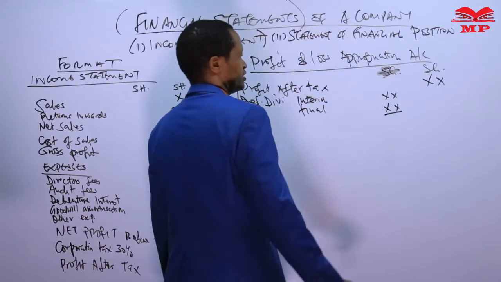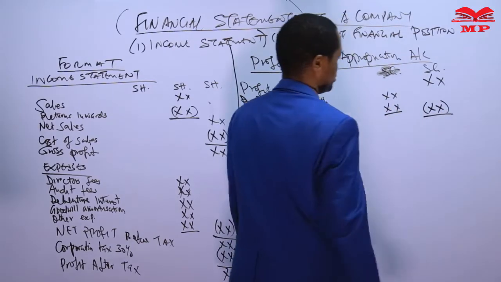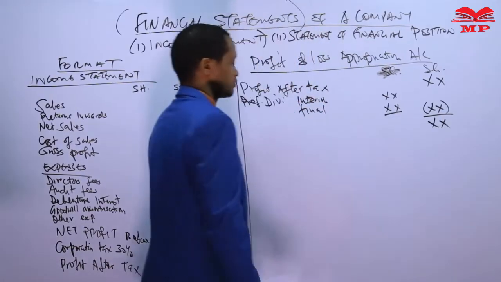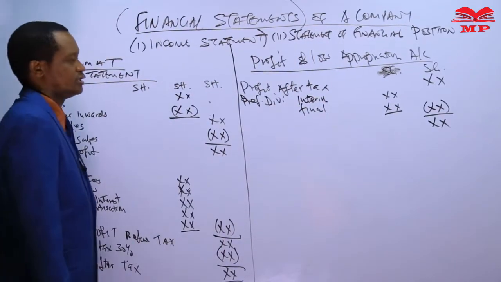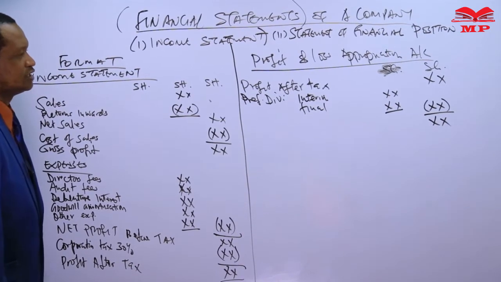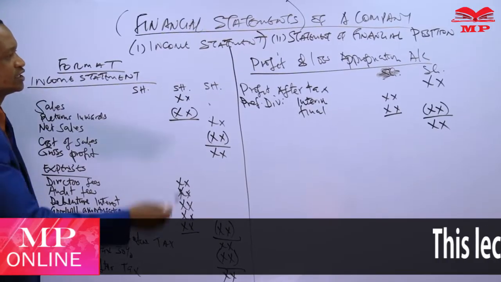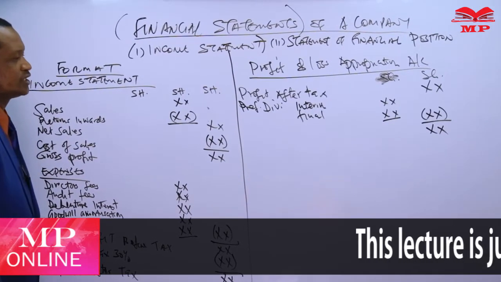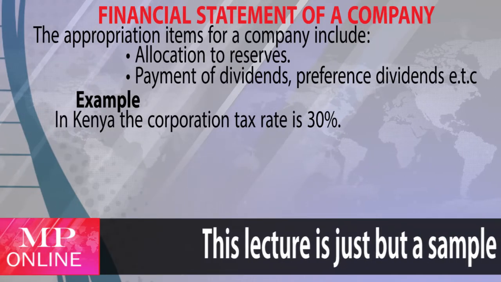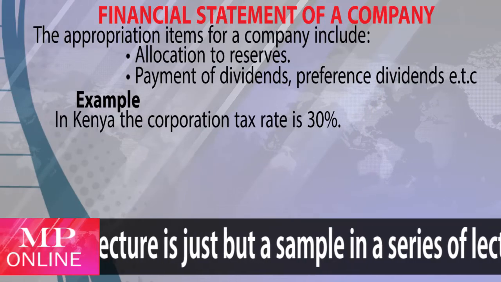So this dividend should be deducted from the profit. So that is the preference dividend. Remember, we say that the dividend has to be deducted from the profit, whether the dividend has been paid or not.